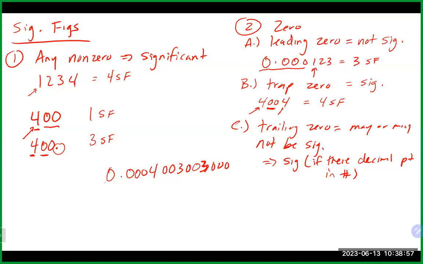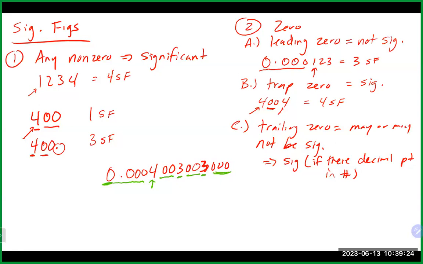All right. So starting here, that is a 0. We would not count, right? We're still not counting. This should be the very first number that we start counting, as that's the first non-zero. That is significant. These zeros are trapped, so they are significant. So that's 3. That is significant. That's 4. These are trapped. So that's 5, 6. That is significant because it is a 3.